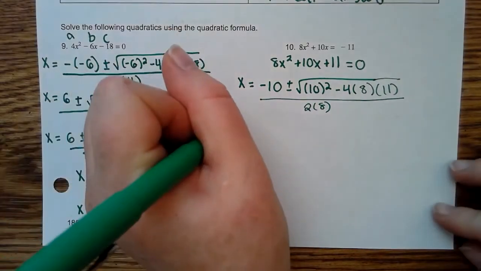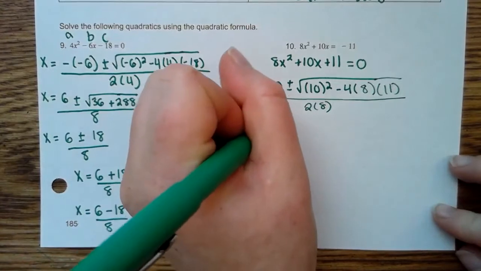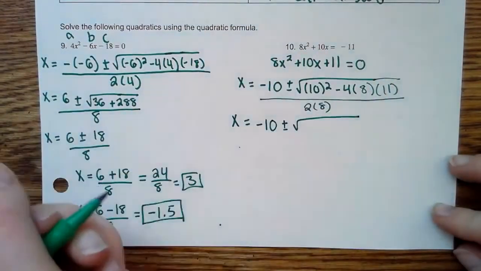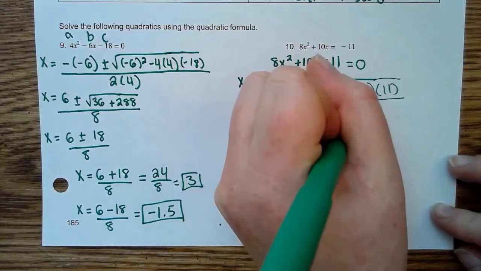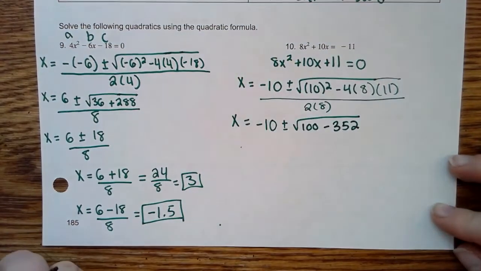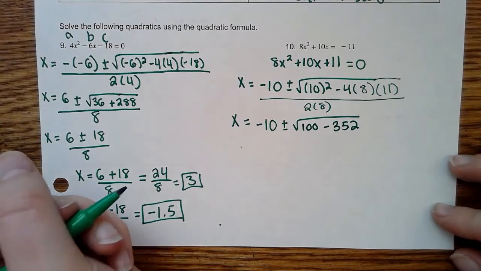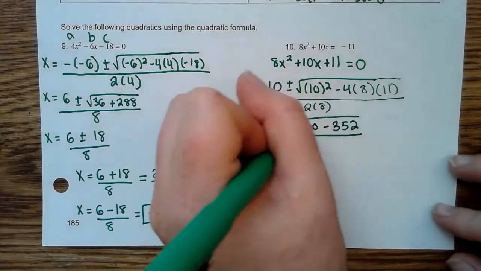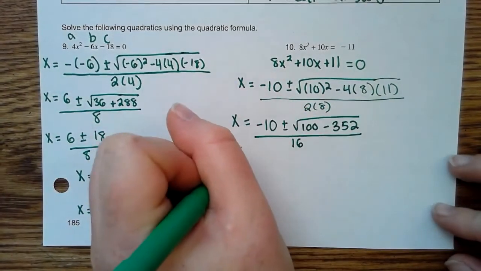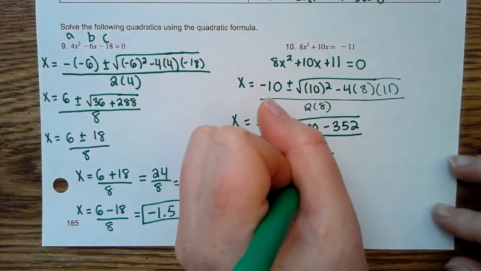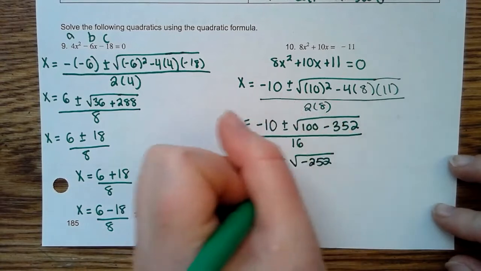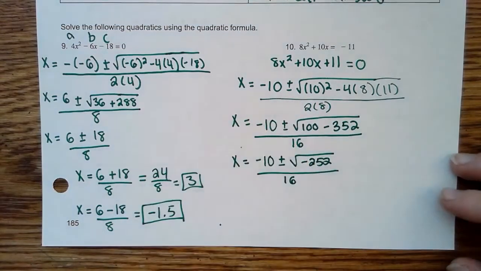Let's start simplifying. That's going to be 100 minus 352 all over 16. x equals negative 10 plus or minus the square root of negative 252 all over 16.